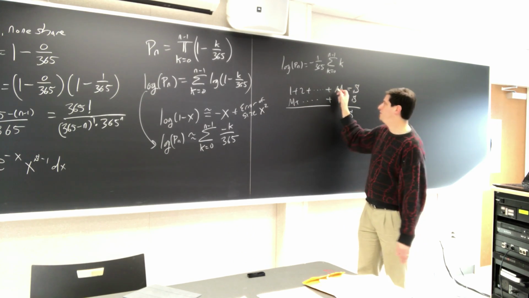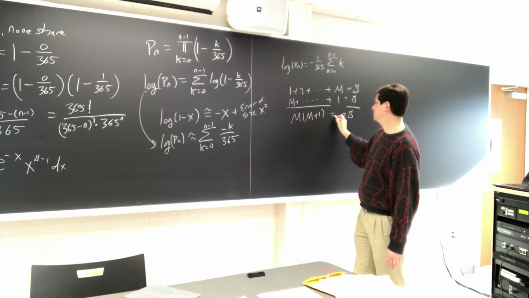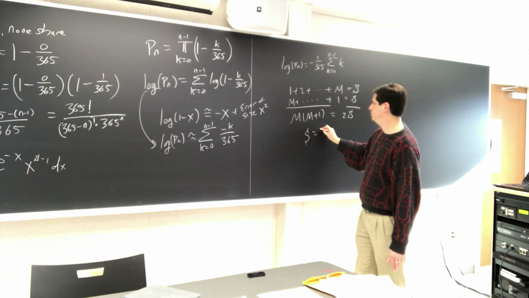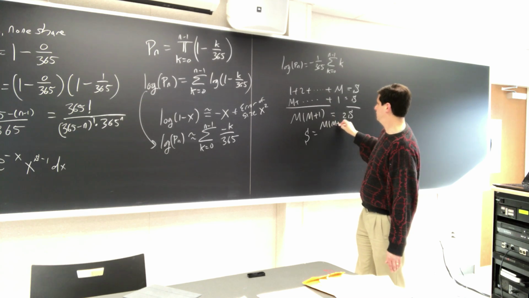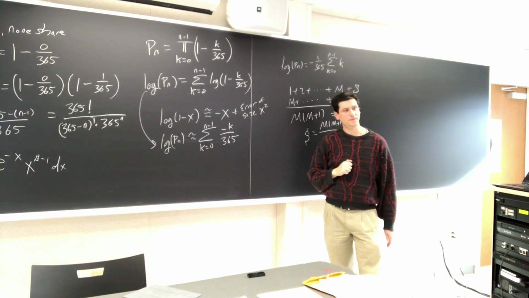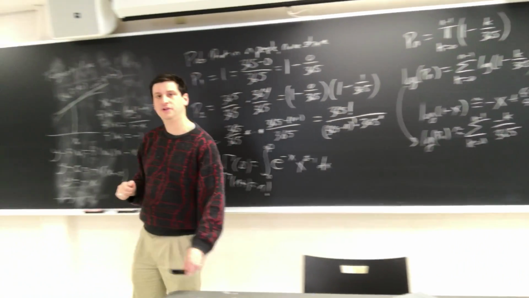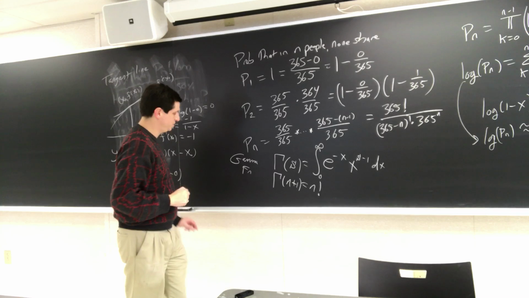How many times do we have it? We have it m times. You get m times m plus 1 is twice s. So s is equal to m times m plus 1 over 2. So this was Gauss's trick. It's absolutely beautiful. So it allows us to get an exact closed form expression for our answer.